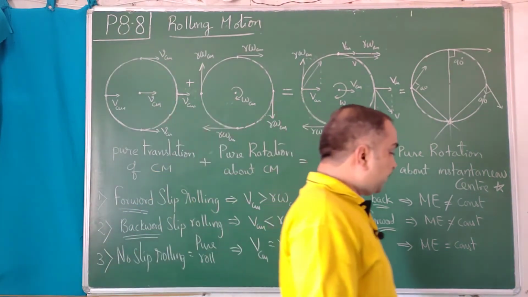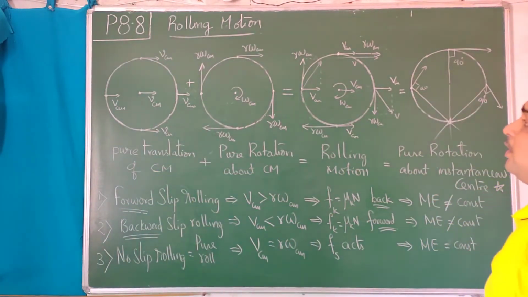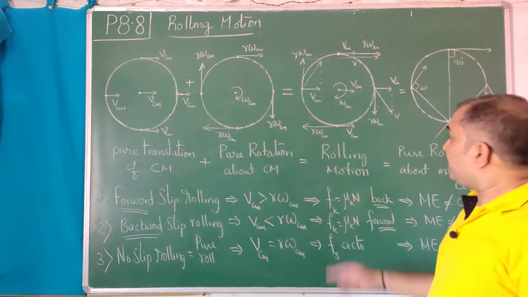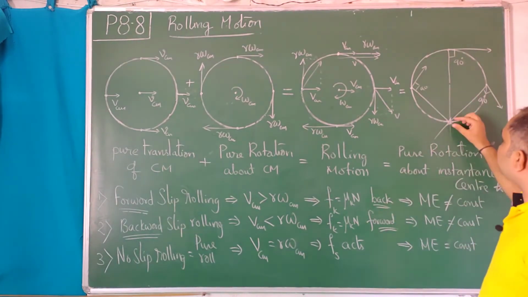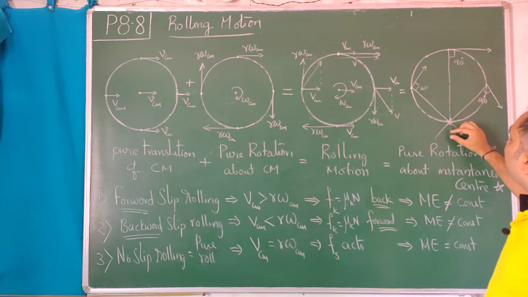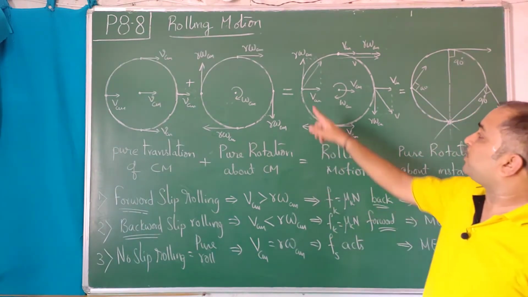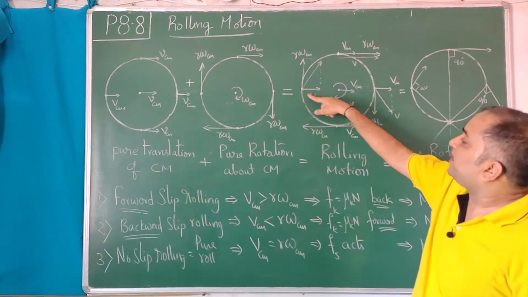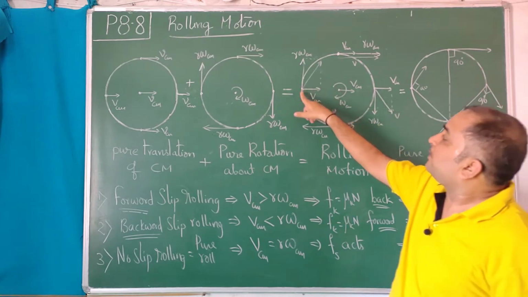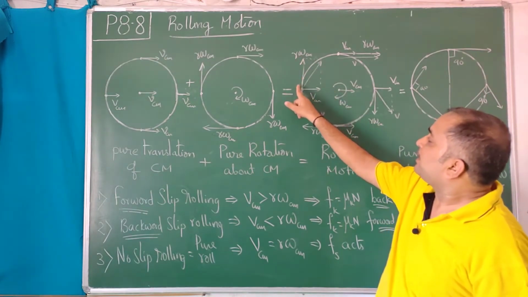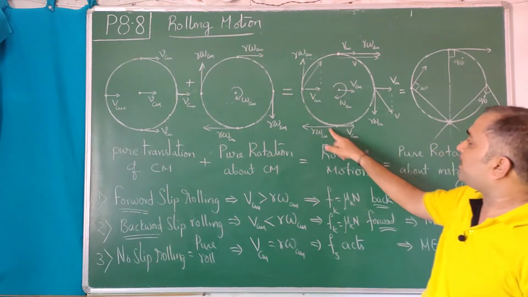This is the introduction of rolling motion. Now coming to this instantaneous center. This instantaneous center can be a little above or a little below the periphery, or it may be on the periphery. It depends on forward slip rolling or backward slip rolling, depending on the velocity. If this is more and you draw a perpendicular, it comes inside. If R omega CM is less, then your net velocity comes here, so the perpendicular comes this side.